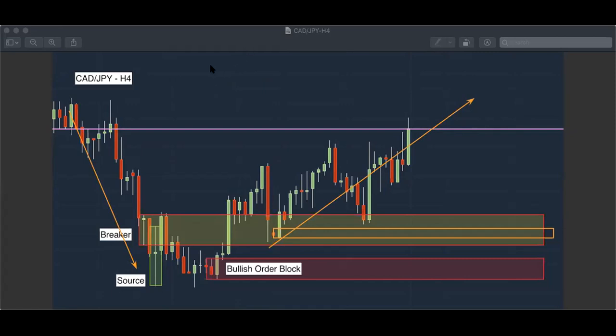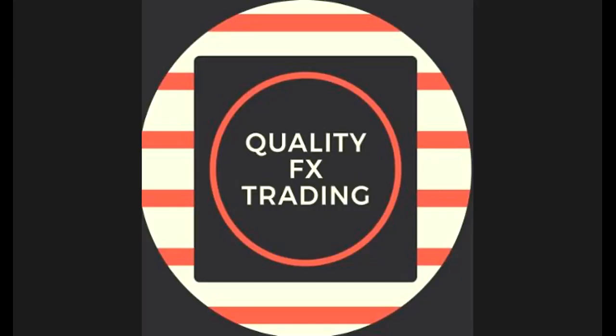So let's go to the last example of this course. In this last example, I'm going to show you a daily chart for Aussie NZD.